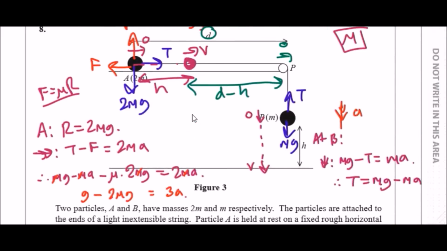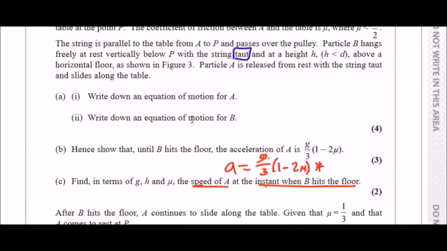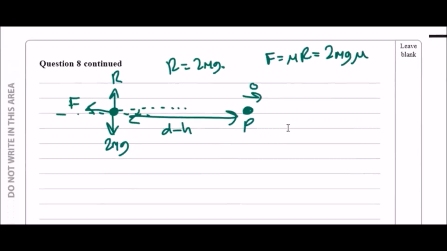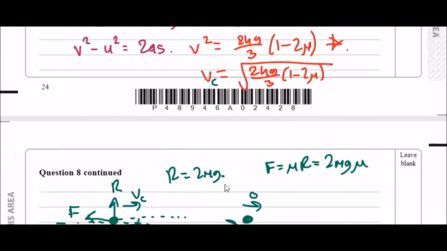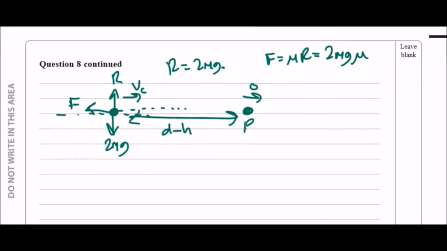And this is some point. Let's call this point here c. It's currently at c thanks to the instant when it hits the ground, and the speed here is the same speed it was at b. So speed of A, what did we say it was? We said this was the speed, so let's call this the speed at c now, vc. All right, it looks like we have pretty much everything. Just to recap, we're trying to find the distance, and we need a new acceleration.